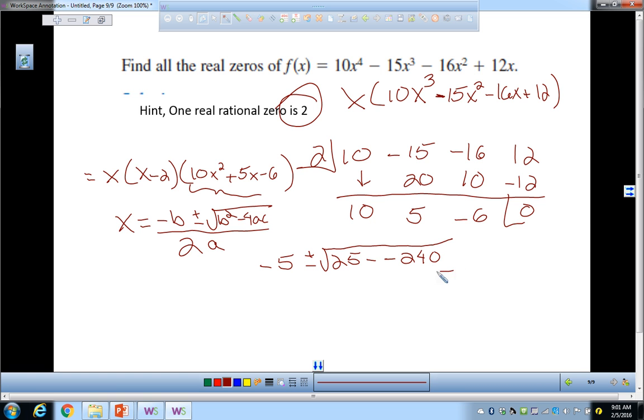Okay? Over 20. You guys with me there? Okay? Which makes negative 5 plus or minus the square root of 265. Sorry, 265 divided by 20.